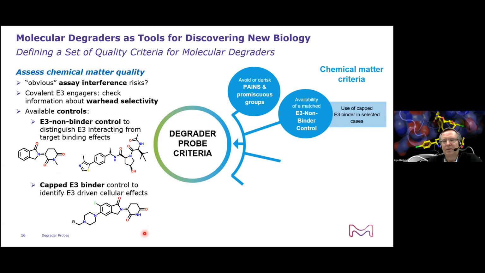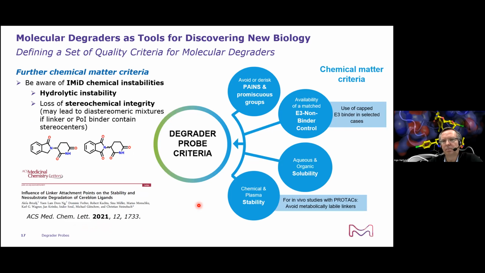What I am a big fan of on top, especially if one works with cereblon-based PROTACs, is to use these capped E3 binders. So something which is closely related to the cereblon engager, which has part of the linker, as a control to get a feeling of what am I actually doing to the neosubstrate space of cereblon with something which is closely related to my degrader molecule.